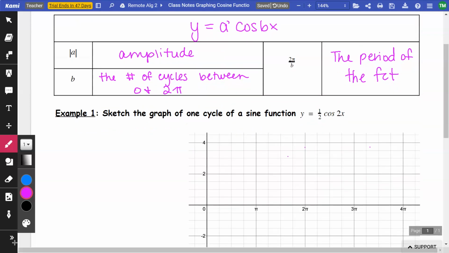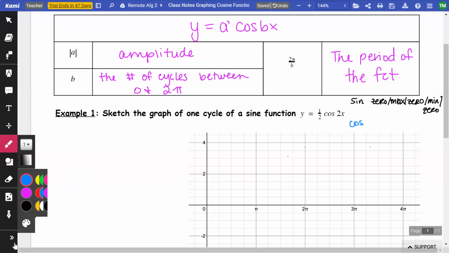However, when we graphed our sine functions, we knew we would have a 0, a minimum or a maximum, I think it's usually a max, right? Followed by another 0, followed by a minimum or a maximum, and then followed by another 0. Well, for cosine functions, that's going to change a little bit.